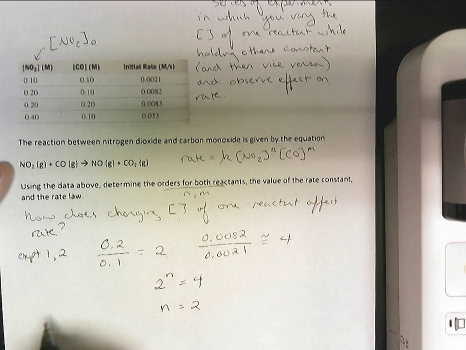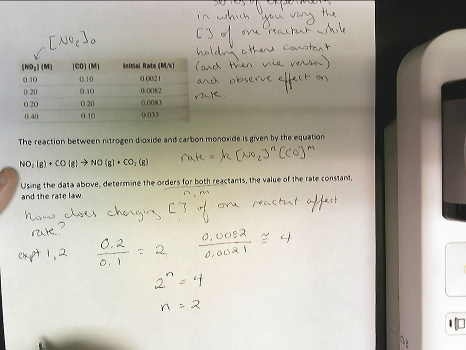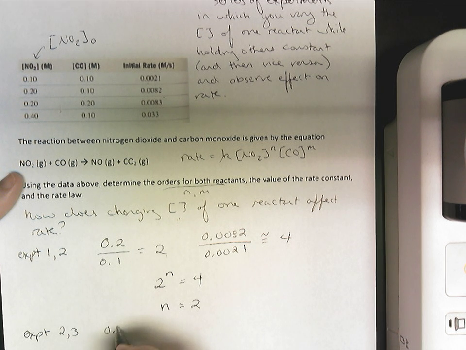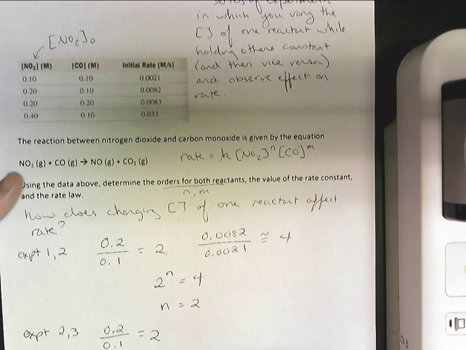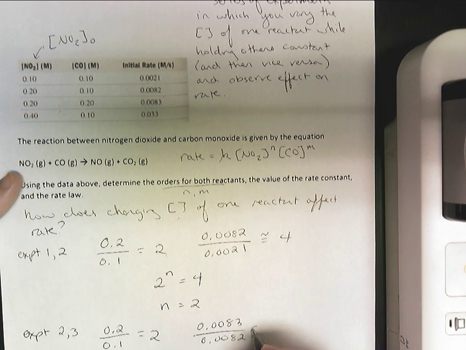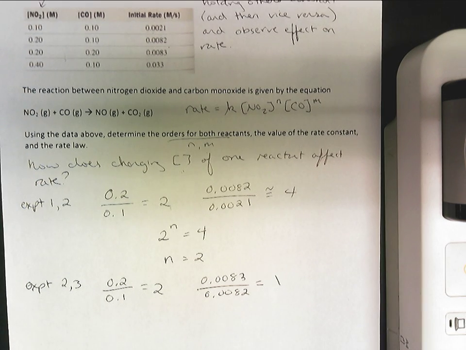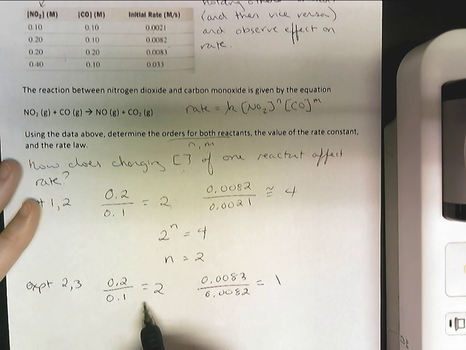So now we have to look at the effect of changing carbon monoxide while nitrogen dioxide is held constant. So now I'm going to look at experiments 2 and 3. And I see that when I double the concentration of carbon monoxide, holding nitrogen dioxide steady, there's no dependence of the rate on the concentration of carbon monoxide.